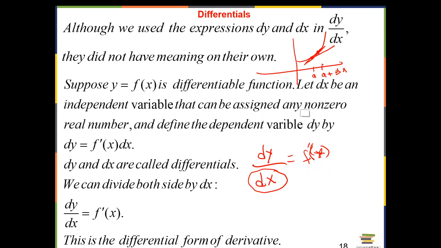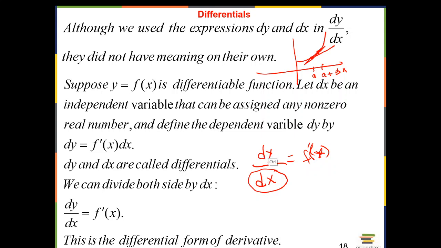To do that, we get the f prime, of course. But if we think of dx as a number that can actually change, so as we are getting closer and closer to a and changing dx, then dy actually changes, right?